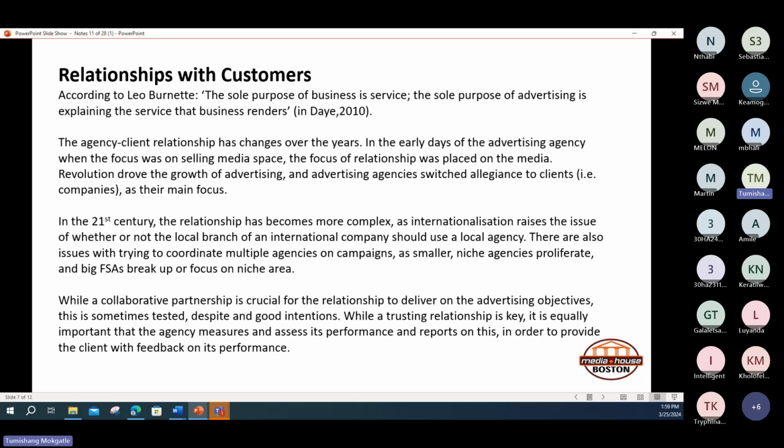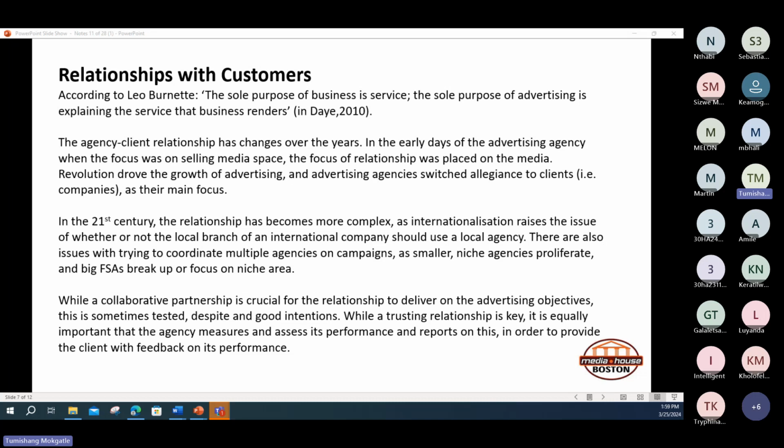According to the scholar, it reads as follows. Let's quickly read together. According to Leo Burnett, the sole purpose of business is service, which is very important. Then the sole purpose of advertising is explaining the service that business renders.